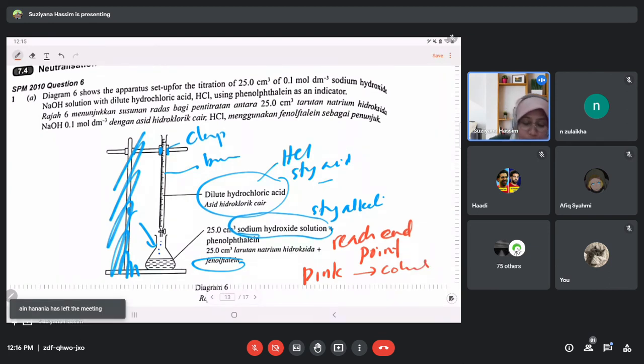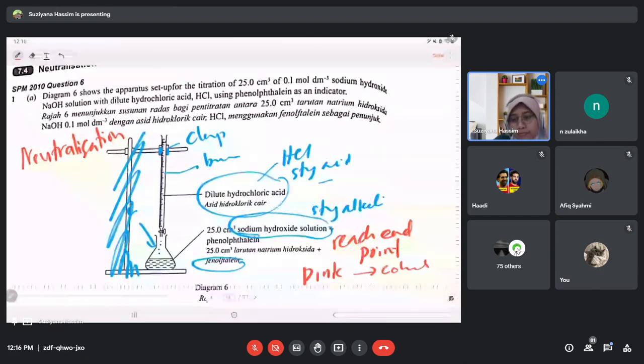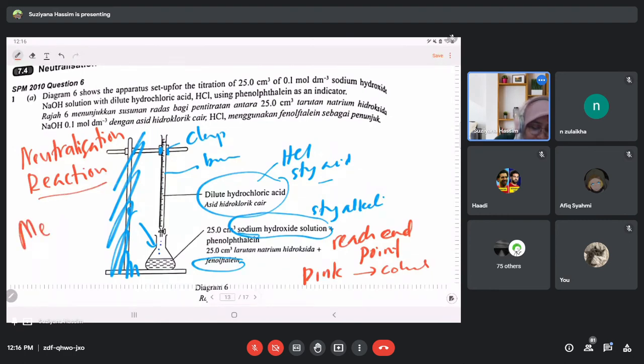This process or reaction we call neutralization. Neutralization process, or known also as method. The method. This one reaction. The student confused sayang. Reaction and method. Okay, the method is titration. Please jot down.